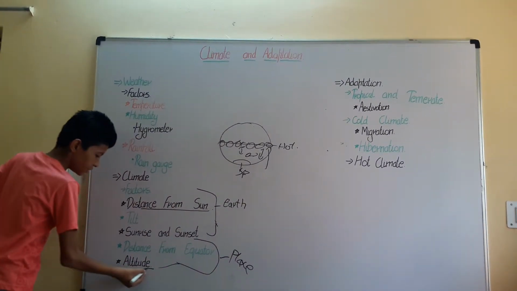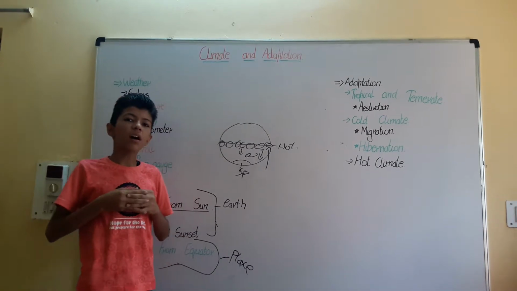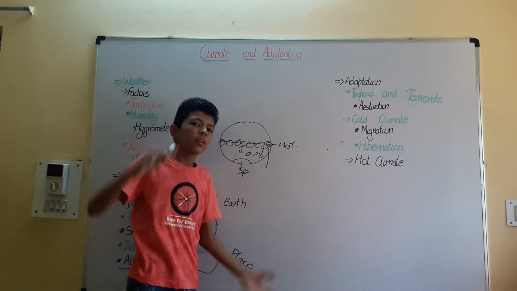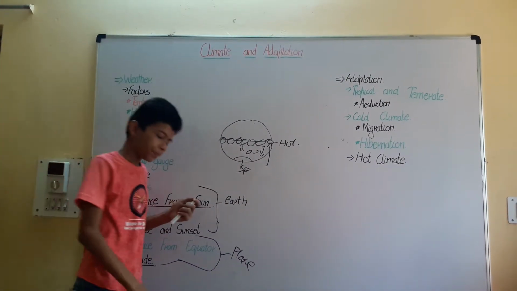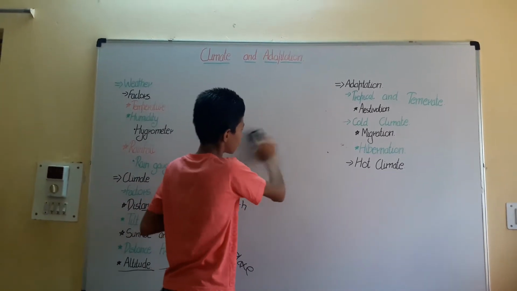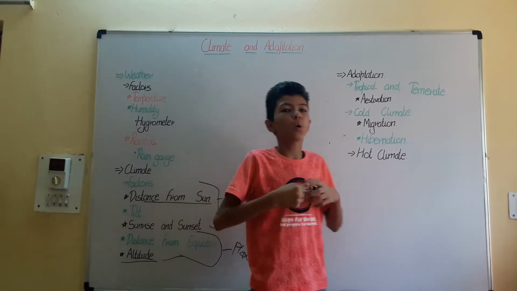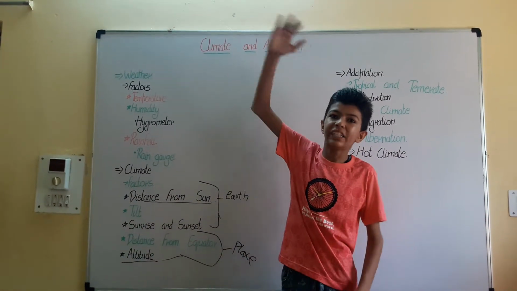Then we have altitude. What is altitude? Altitude is the height at which a place is located. Just like when we go to the Himalayas, we tend to feel cold because of the higher altitude.